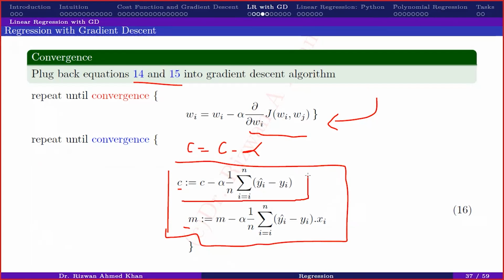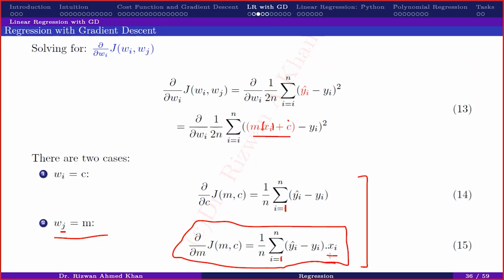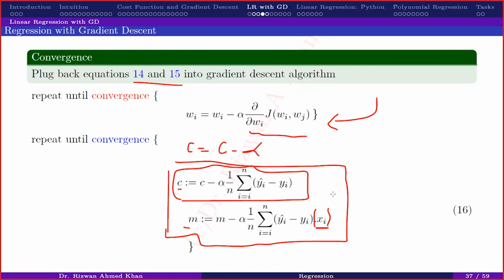So this is the update rule, and you can update the c parameter using this value. And for m, there is an additional term, which is a multiple of x_i, because once we differentiate this function with respect to m, we get this x_i back. So this is a very easy update rule, and you can update values of c and m to find the best fit line using this calculation.